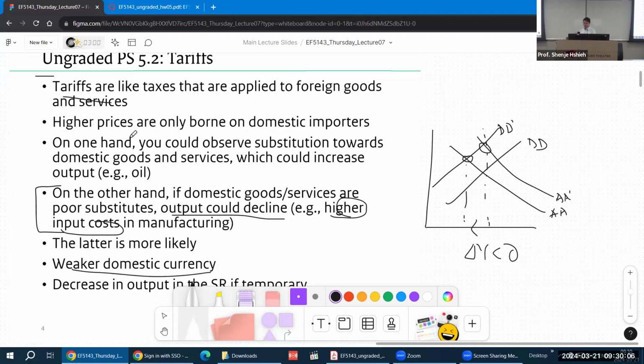They become more competitive. So if there are comparable goods and services at home, then maybe output could increase, because one could observe substitution towards domestic goods and services. So I can imagine the output effect shifting the DD schedule this way, right? So it's not the full story.